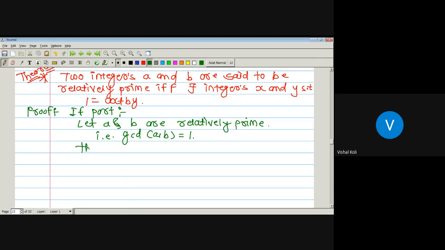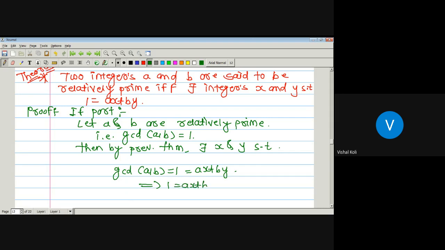Then by the previous theorem, there exist integers x and y such that the GCD of a, b, which is now 1, is nothing but ax plus by. So 1 is equal to ax plus by. And I think that is what we had to prove. So hence the proof for the first part.